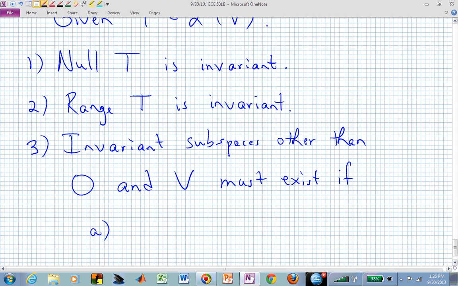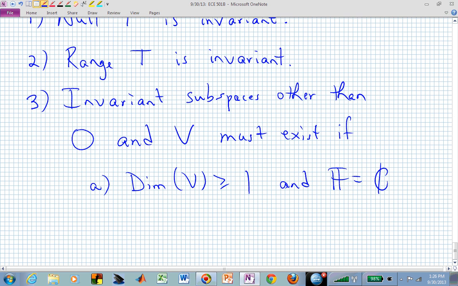If you're dealing with the field of complex numbers, then all you need is the dimension of V to be greater than or equal to 1. And then you will have invariant subspaces in that vector space.